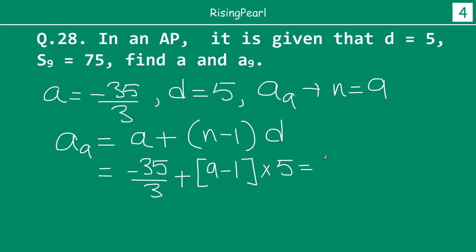If you were to solve this, it is simply minus 35 by 3 plus 9 minus 1 is 8, 8 times 5 is 40. So if you solve it, whatever value you get will be the ninth term of this particular series.